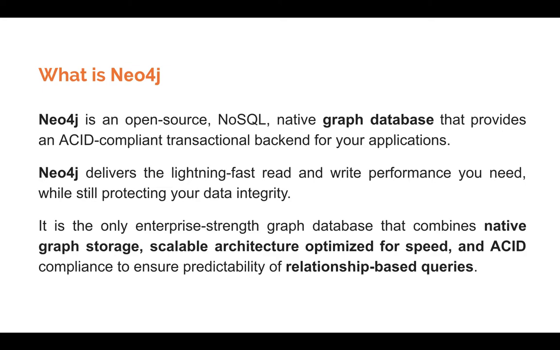So let's see what is Neo4j. Neo4j is an open source NoSQL native graph database. If you're coming from a relational database system, then you know nowadays we have SQL and NoSQL DBs, not only SQL DBs, where databases like key value pair, document based, search engines.